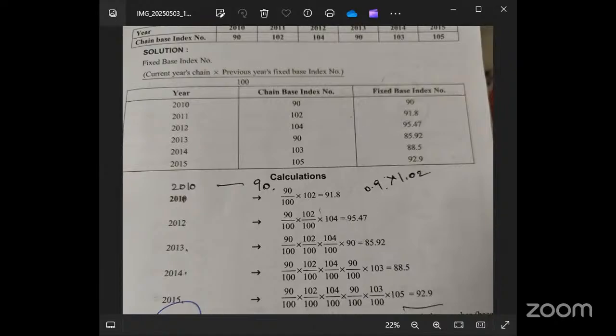Like this, we got the values. So we'll see some more problems.